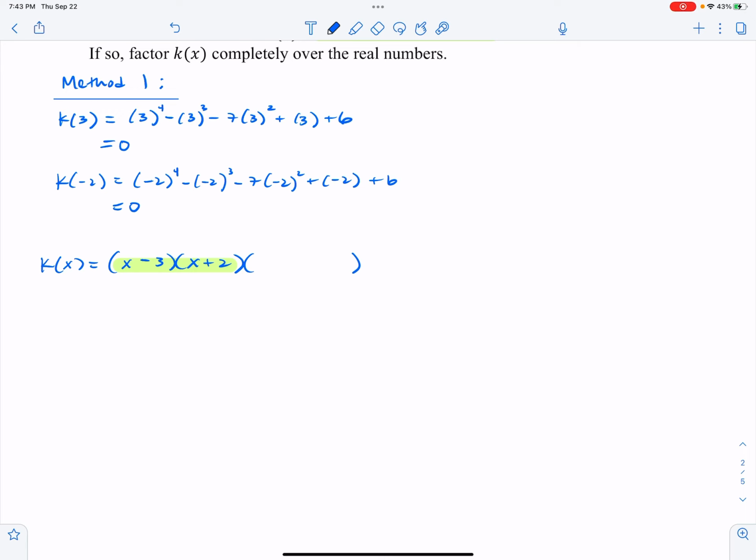Now if we multiply x minus 3 and x plus 2, we get x squared plus 2x minus 3x, so x squared minus x minus 6. We are trying to find this remaining factor here. So we're going to divide k of x by x squared minus x minus 6, because we know that x minus 3 and x plus 2 are both factors, therefore their product would also be a factor of k of x.